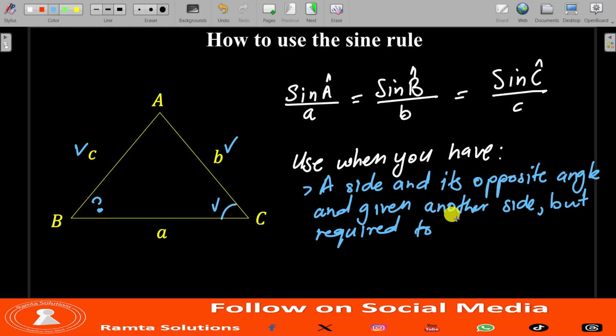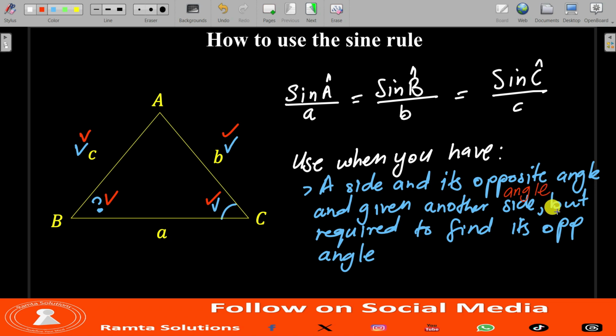We can now change tense and say, let's say you have a side, its opposite angle, an angle, but also required to find its opposite side. When you're given a side and its opposite angle and given another angle, but required to find its opposite side.